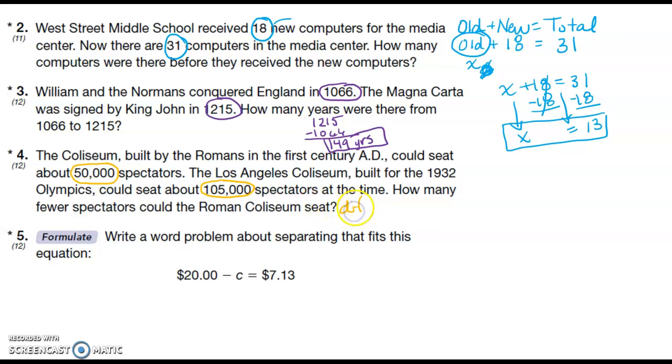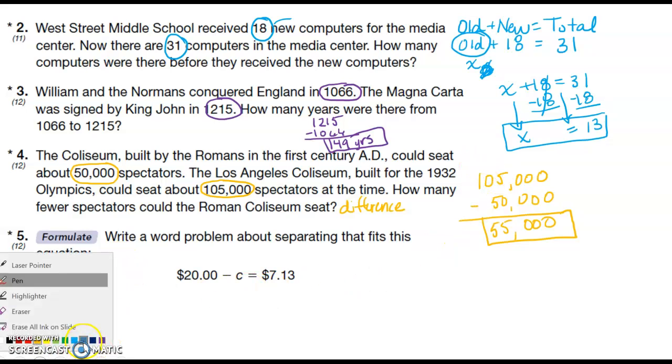So we're looking for the difference between these two numbers, which is the answer to a subtraction problem. So I have 105,000 at the Los Angeles Colosseum and 50,000 at the Roman Colosseum. And I get 55,000 more at the Los Angeles Colosseum.